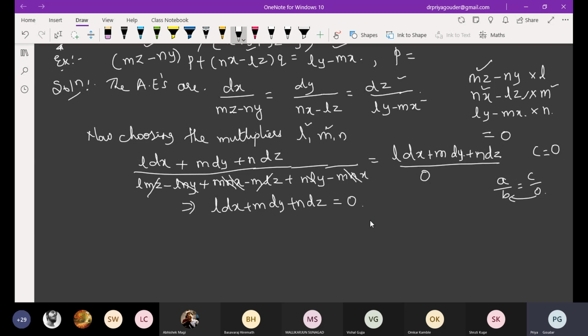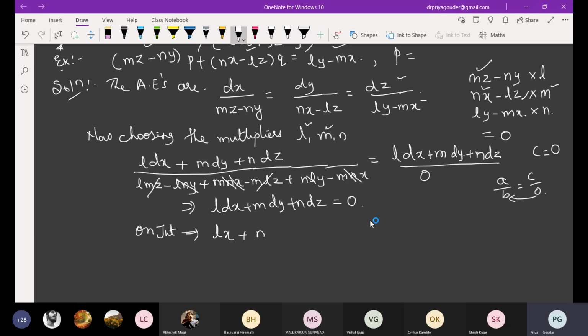Now you need to see whether you can integrate this whole relation, yes or no. It is easy, because what are L, M, N? Constants or variables? They are constants. So what is the integration of L with respect to x?